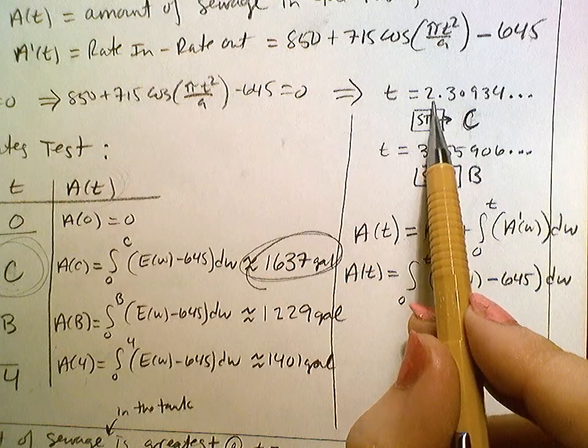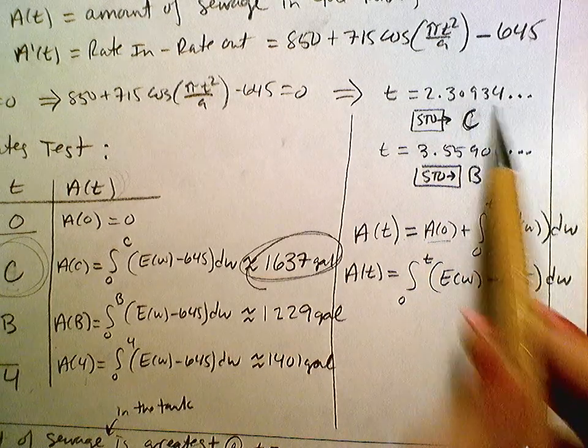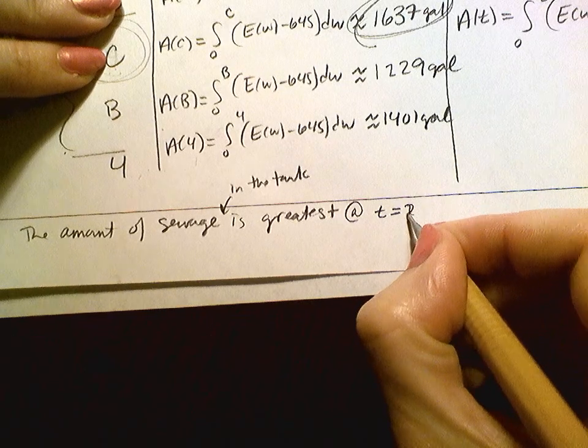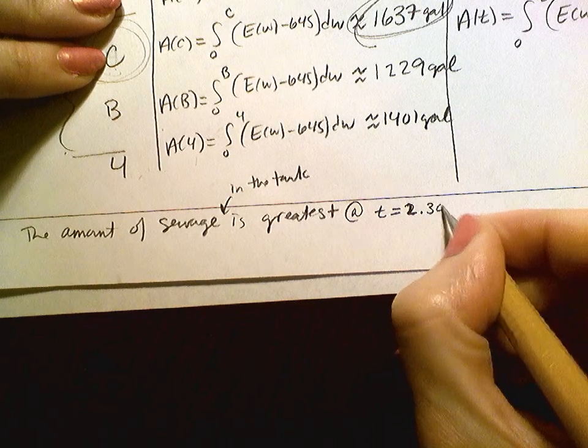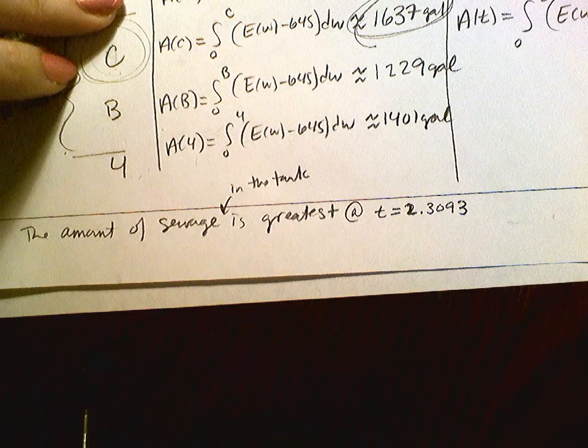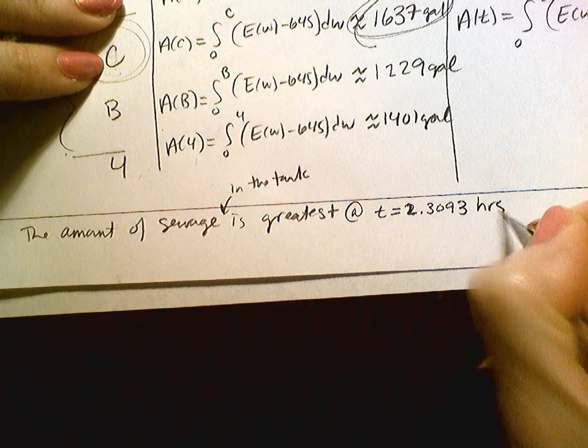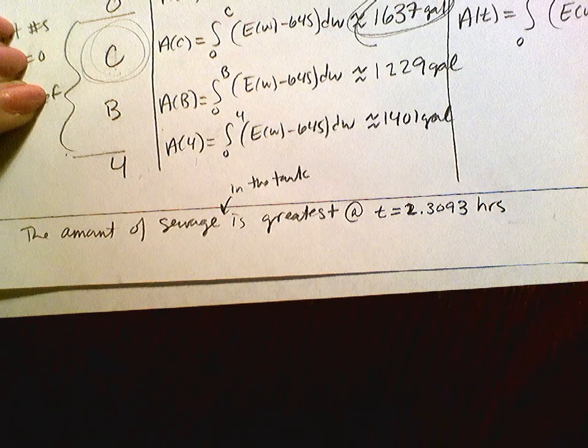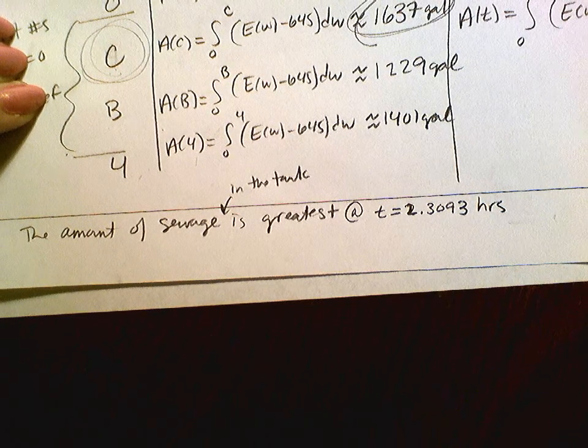Okay, so whatever c was, this: 2.3093. And what is this in? Hours. Okay.